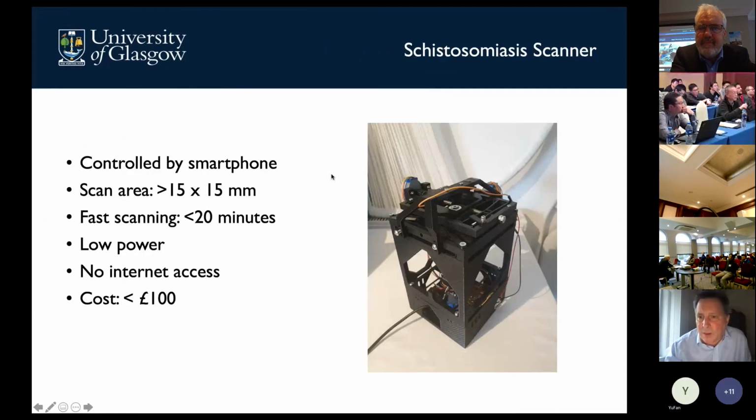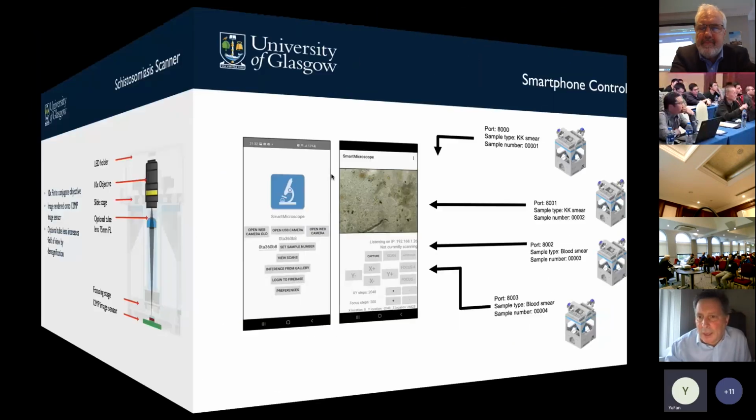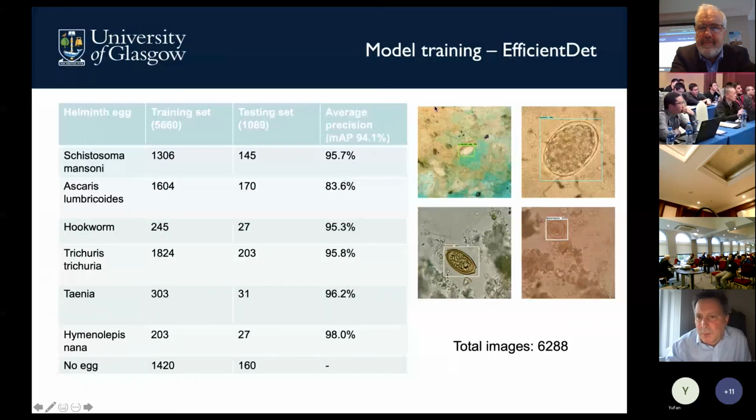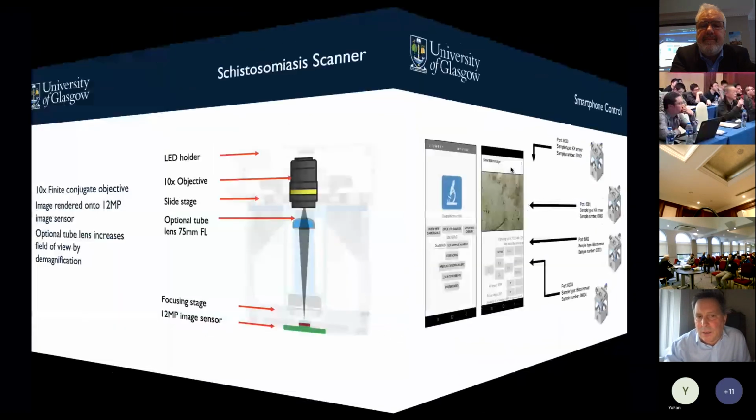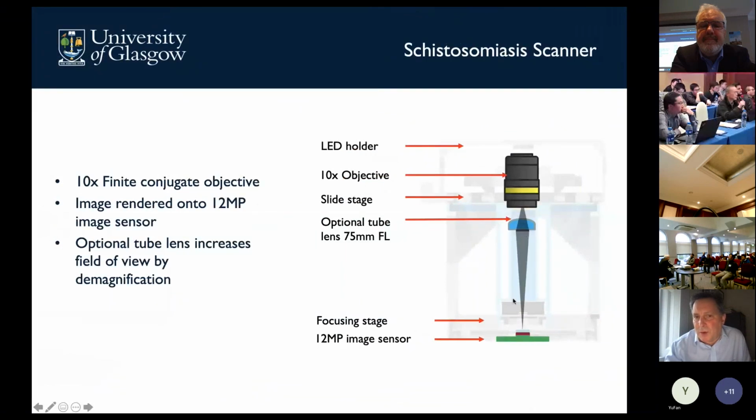But if I go back to here, these are real images that we have taken, taken by a mobile device. They were taken using our very simple optical setup: an objective lens, a tube lens, and a CMOS sensor, with LED illumination, arranged within a 3D printed scanning stage.